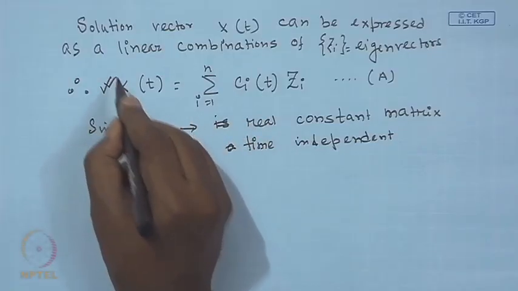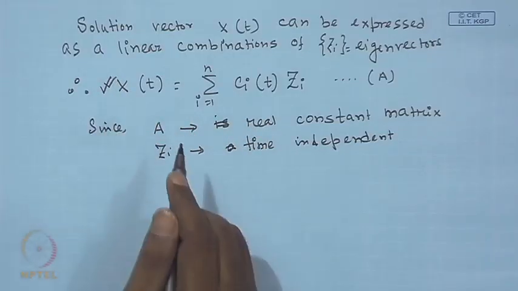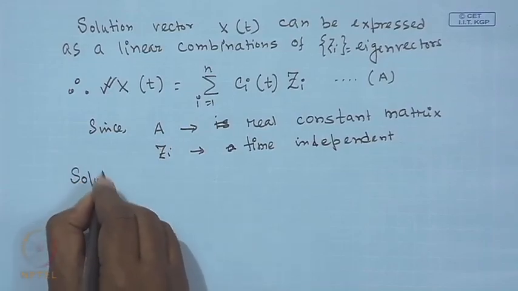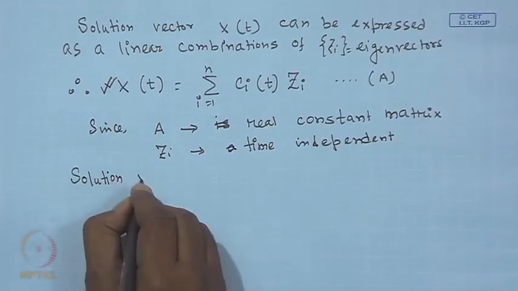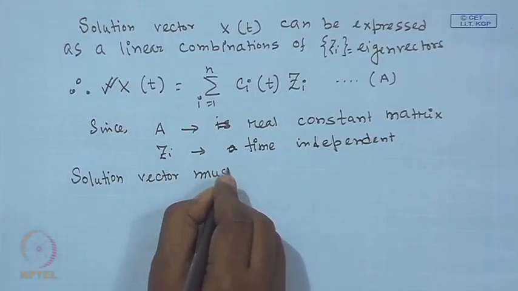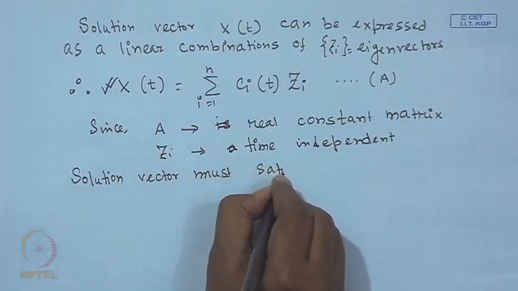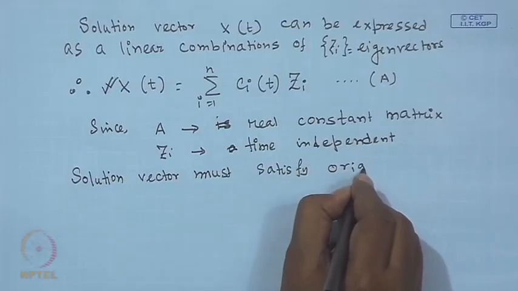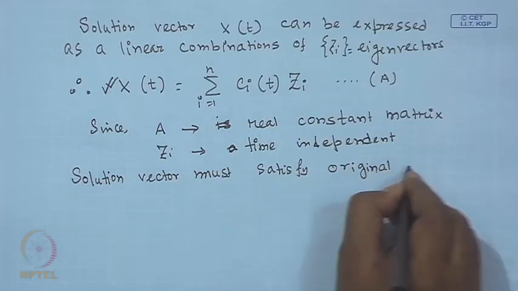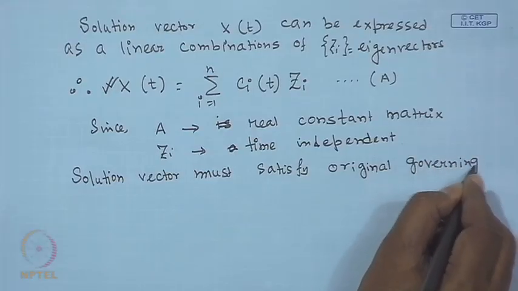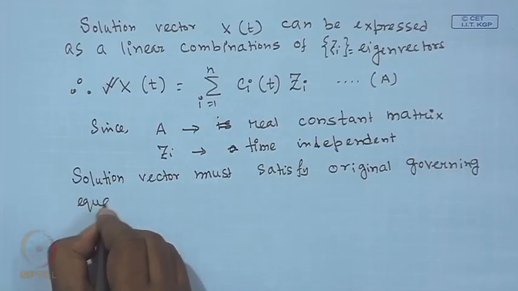So, x in equation A is a solution vector. The solution vector must satisfy the original governing equation, and what was that?